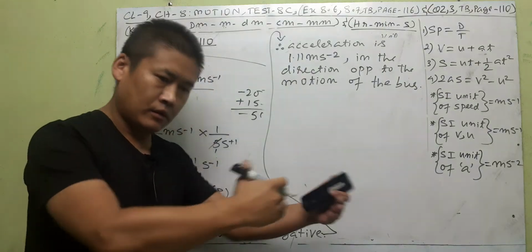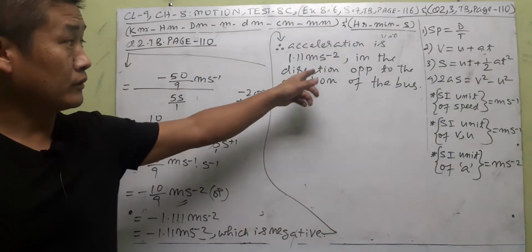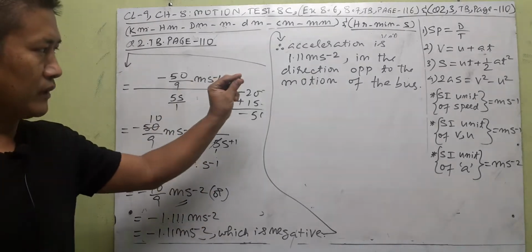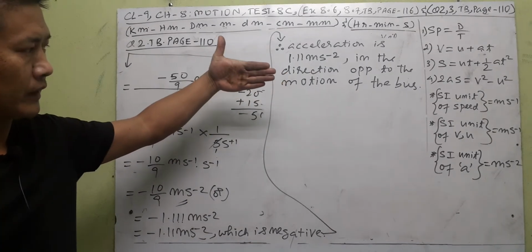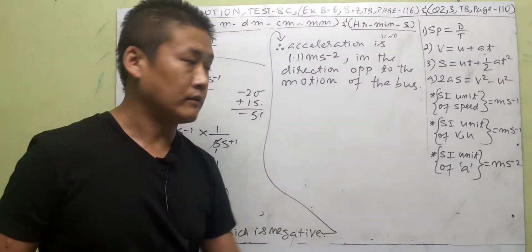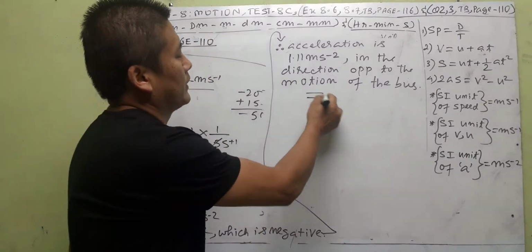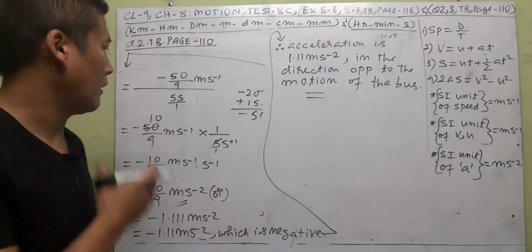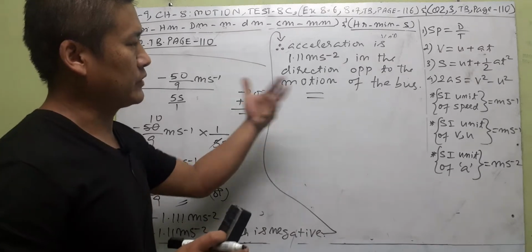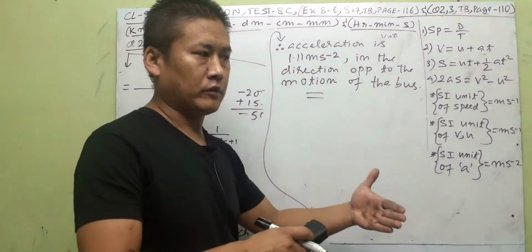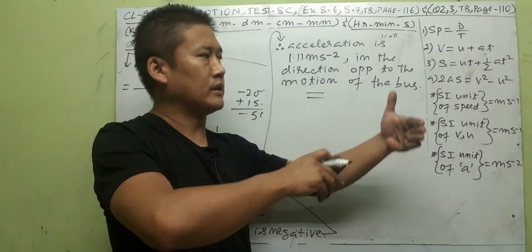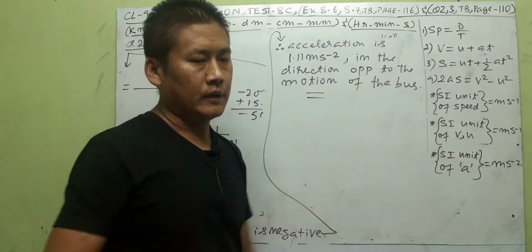That's why it's going to be in the opposite direction to the motion of the bus, because from the beginning we know it's going to come out minus, because high speed to low speed means the acceleration is negative, right? So this is the picture of an object slowing down. Negative acceleration is always a picture of a moving object slowing down. Positive acceleration is always a picture of an object increasing its speed, okay, velocity.